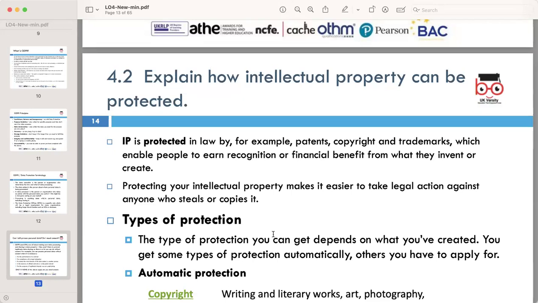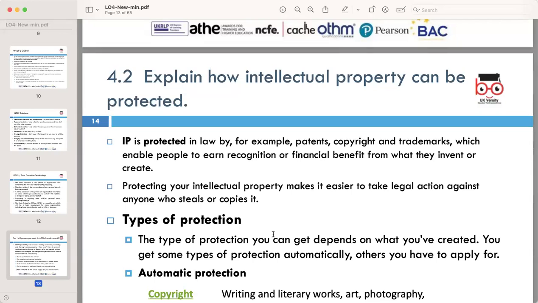Protecting intellectual property simplifies legal actions against those who might steal or copy it. Various types of protection exist, and the method depends on the nature of the creation. Some types of protection are automatic, while others require a formal application.